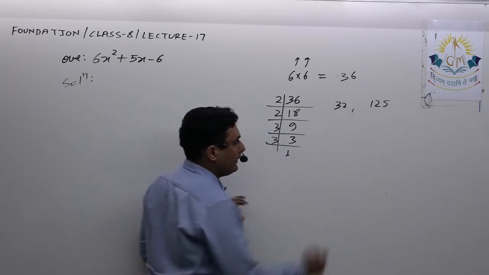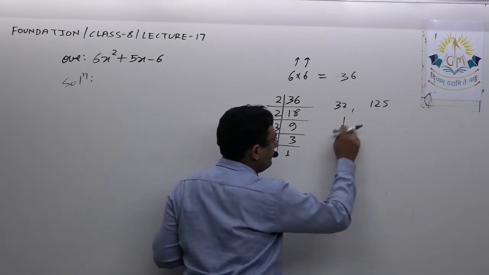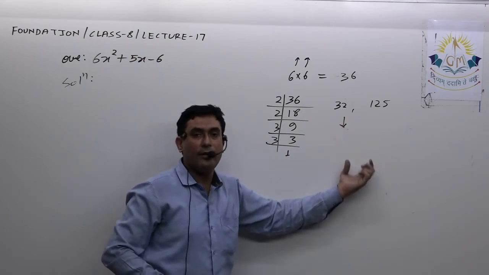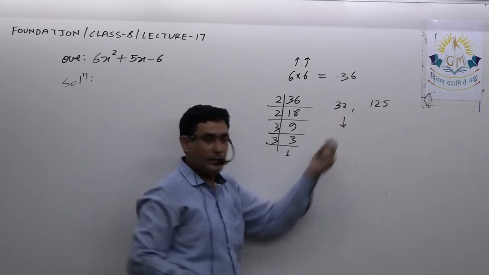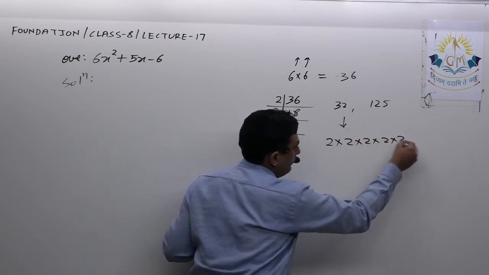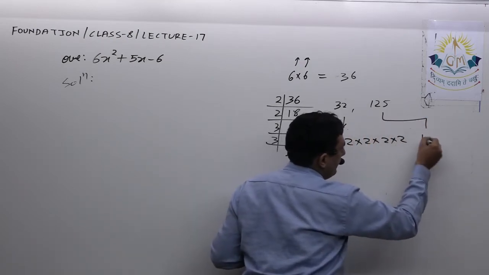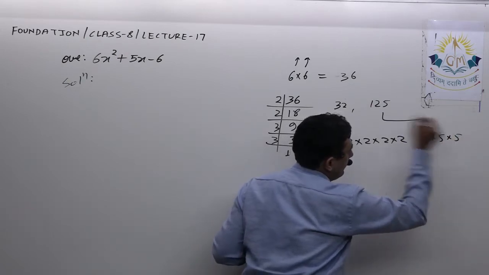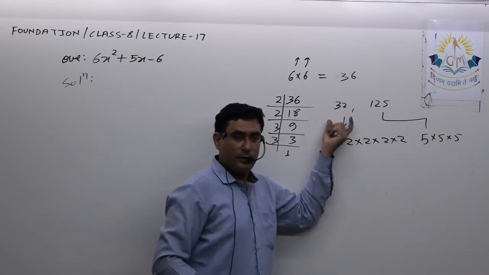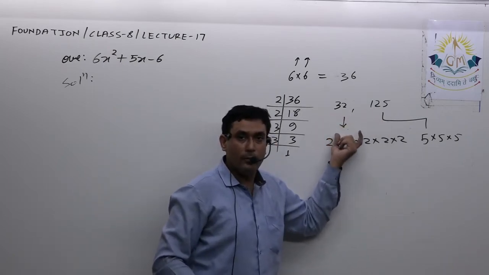So instead of that, it is easy to find the factors of 32. See, sometimes the values are so small that you can find the factors orally. For example, it is 32. These factors will be 2 into 2 into 2 into 2 into 2, 5 times. And 125 is 5 multiplied by 5 multiplied by 5. So here it also saves your time, because the quantities over here might be smaller.